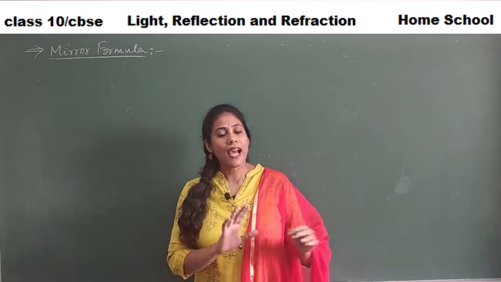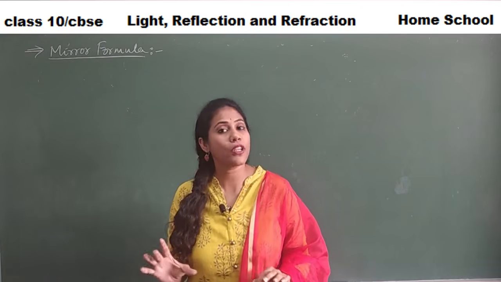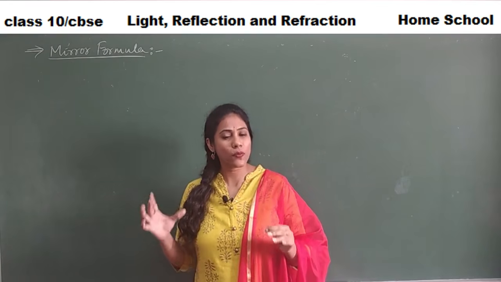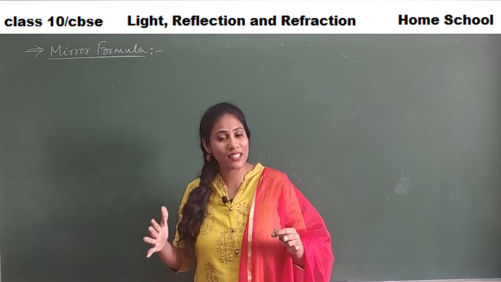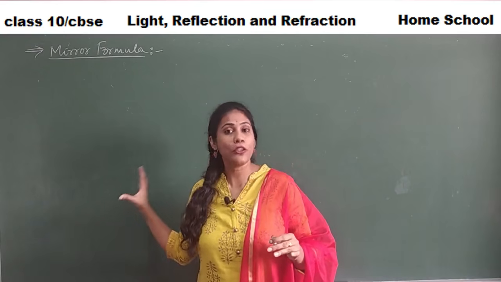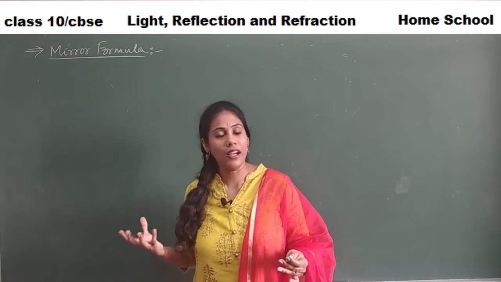So in my last video, we discussed sign conventions for spherical mirrors, right? This sign convention is very important. Keeping this sign convention in mind, we are going to solve certain numericals with the help of the mirror formula. Clear?